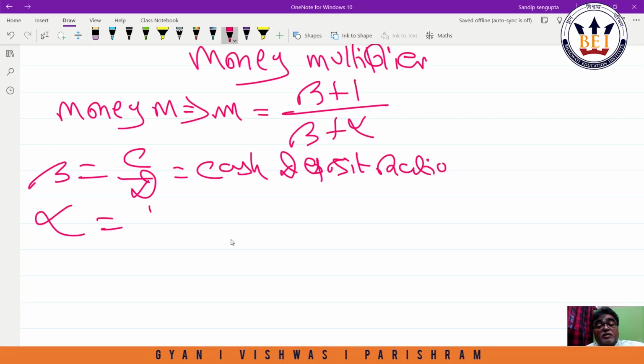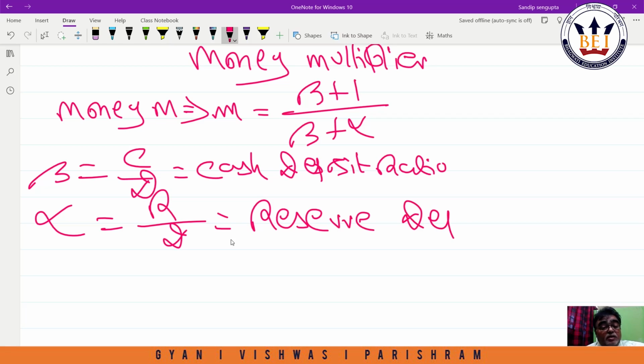What is alpha? Alpha means reserve deposit ratio. If you are serious, you can understand, R is the reserve deposit ratio.